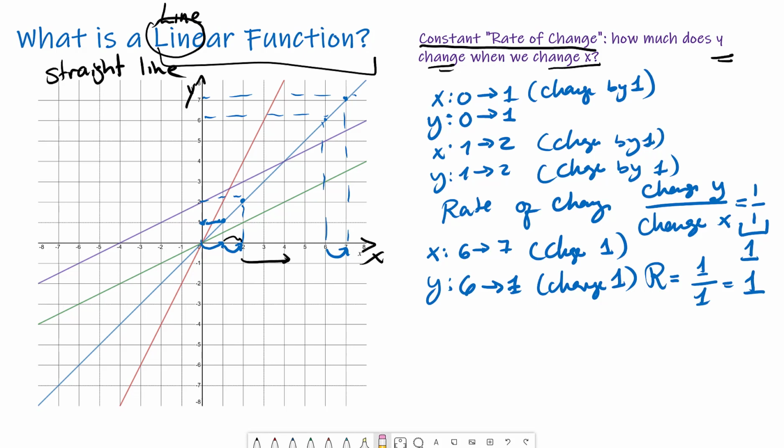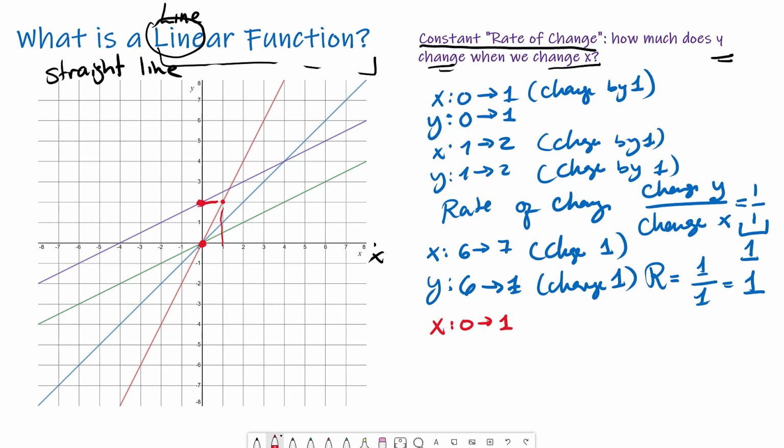Let's erase our markings here so that it's all clear. So let's now look at our red line here. When we look at the red line, let's take x going from 0 to 1. In that case, our y went from 0 here, this is 1 here, to 2.